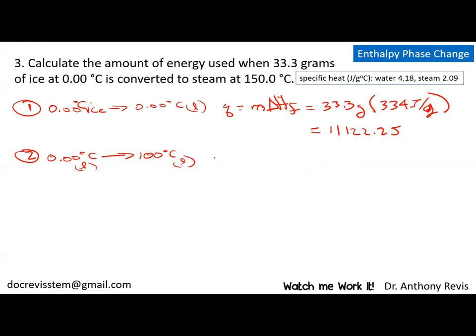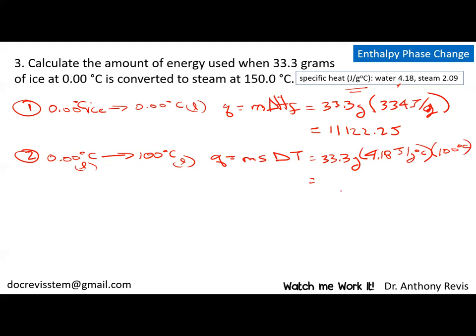Okay, and so that's going to be a delta T. So that's going to be Q equals mass times specific heat times delta T. Okay, and so we just put these numbers in: 33.3 grams times the specific heat capacity of water, liquid, so that's going to be right here, 4.18 joules. I have the units right here all together: joules per gram degrees C. And that's going to be times your delta T. And that delta T is going to be 100 C.